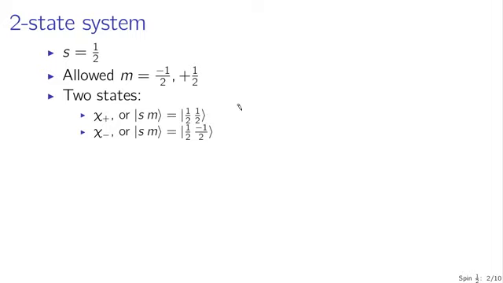Another very common notation, and one that I'm going to use in this lecture, is to call the plus case up arrow and the minus case down arrow. So spin up and spin down. What's nice about this, the fact that we're working with a two-state system, is that no matter what our operator is, it's going to have a representation as a 2x2 matrix.